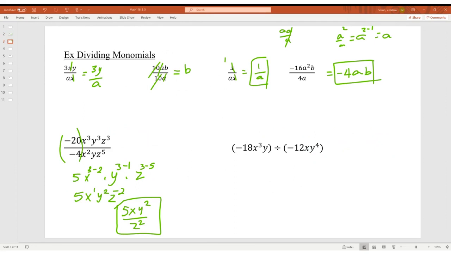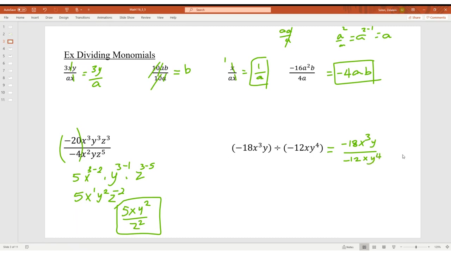Okay, guys, try the last example. Everyone try the last example. I'll give you 3 minutes. It doesn't take more than 2 minutes. Let me rewrite the expression. Division can be written as a fraction, as you already know. Negative 18 x cubed y divided by negative 12 x y to the power of 4.